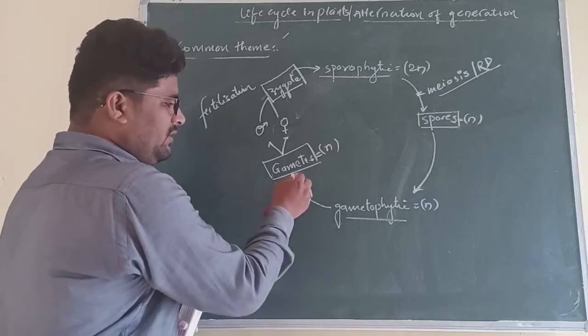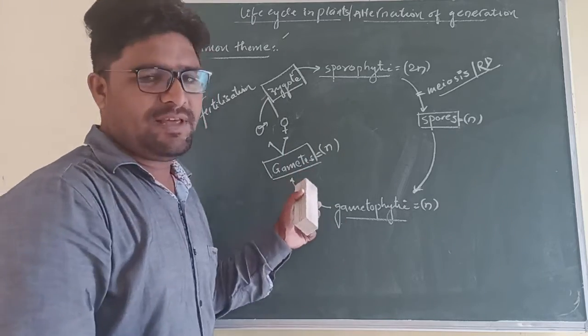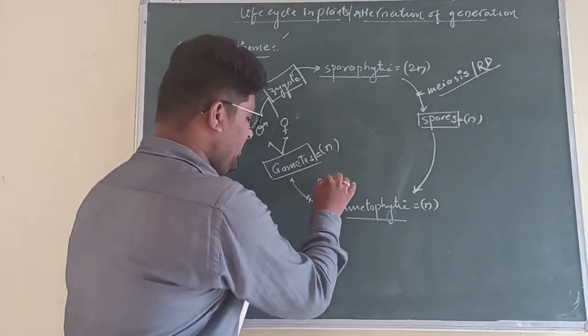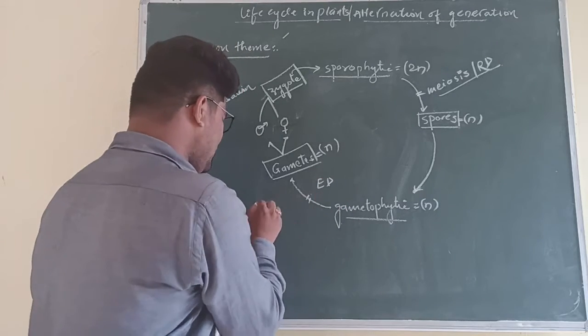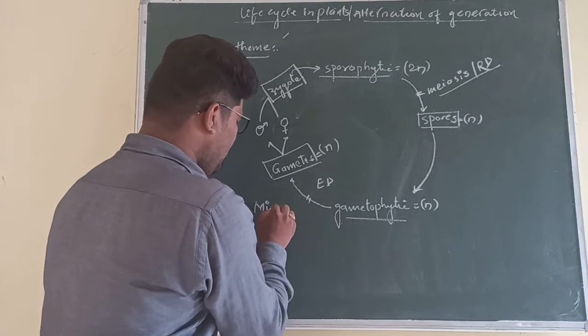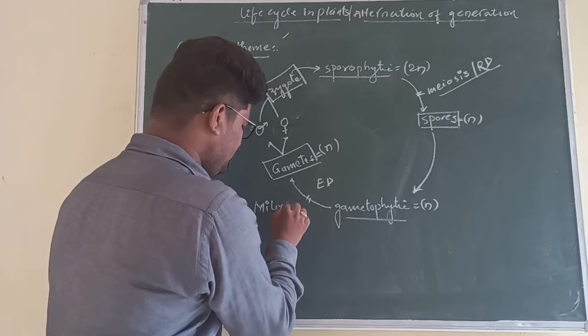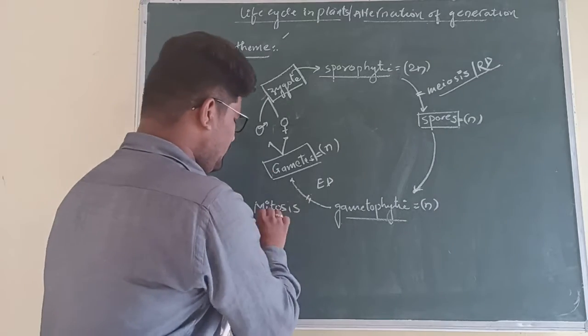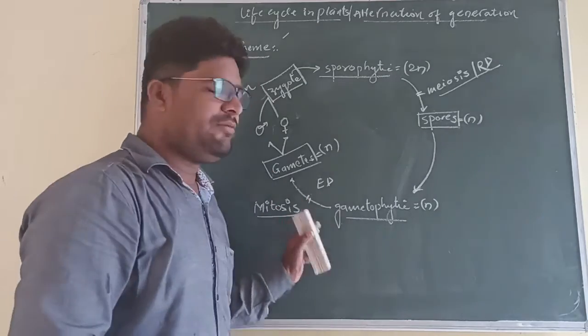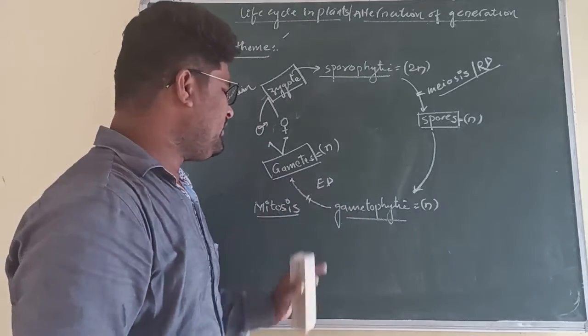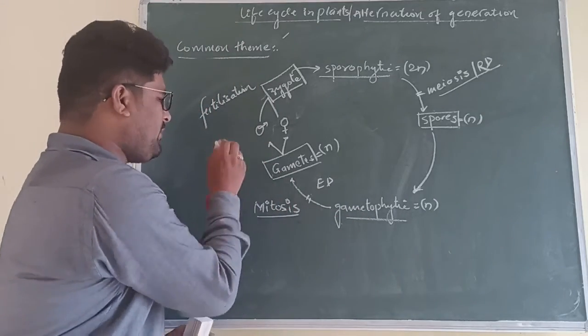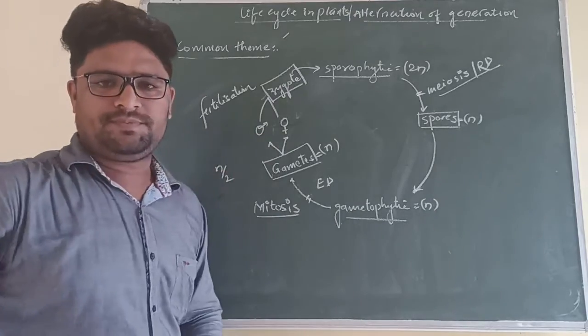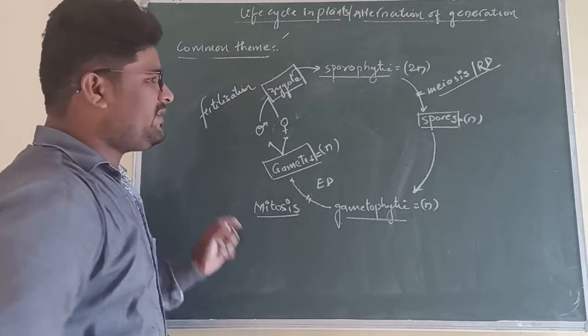That's why the division that takes place here is equational division. ED is equational division, or we can say mitotic division or mitosis. This is very important. Mitosis or equational division takes place in the gametophytic generation, because in the case of gametes, we can't write n by 2. Okay, so this is the central dogma.